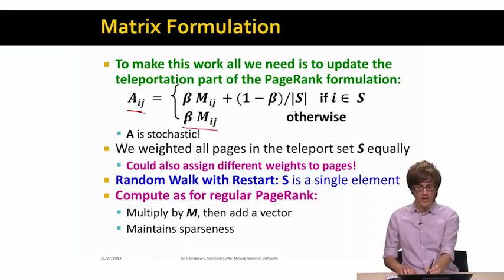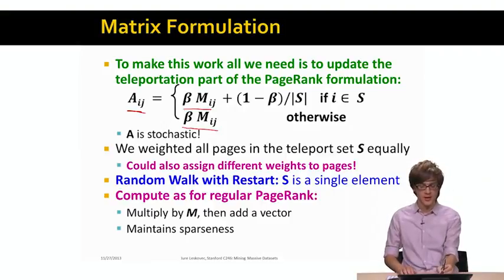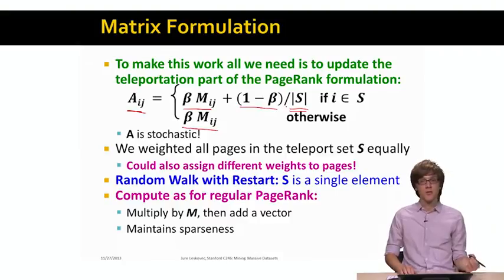But if our entry i is in the teleport set, now we add the teleport edges. So we have beta times M_ij plus (1 minus beta) divided by the size of S. This is the random jump probability. So with probability 1 minus beta, we jump into one of the S pages. So the probability of jumping to one of them is 1 over the size of the teleport set.